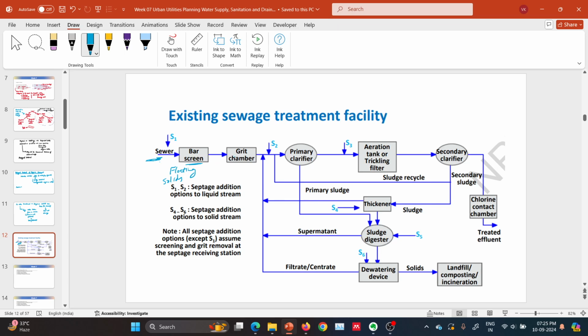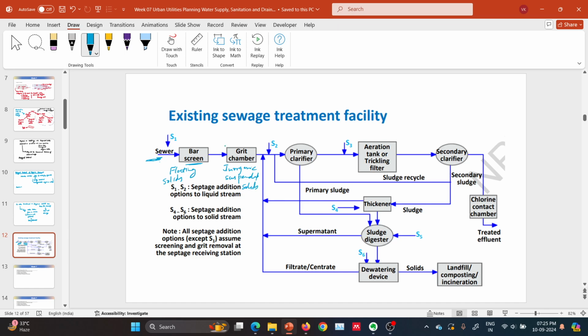Then we have some small size solid particles. If they are organic, they will have less density. If they are inorganic, then they will have more density. So the inorganic suspended solids are removed in the grit chamber.